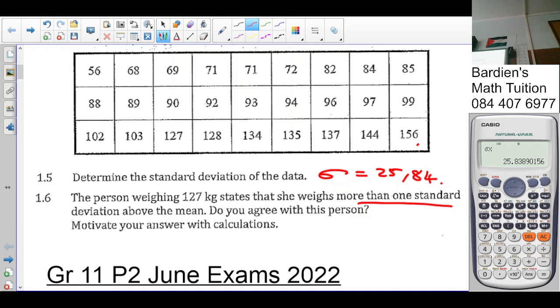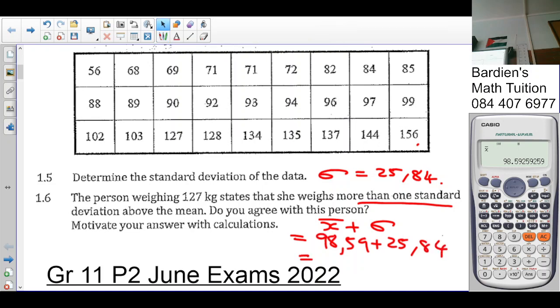Okay, so she weighs more than 1 standard deviation. We know that within 1 standard deviation is your mean plus your standard deviation, your mean minus. Whereas more than 1, that's going to be your mean plus a standard deviation. Now your mean, they didn't ask us to calculate that. However, we can draw it from here. So you press shift 1, 4 for variance, 2 for mean. So that works out to be 98,59, plus your standard deviation, which is 25,84.